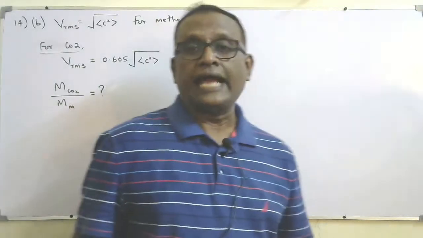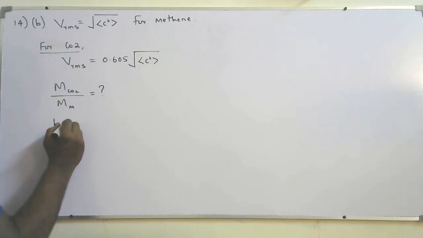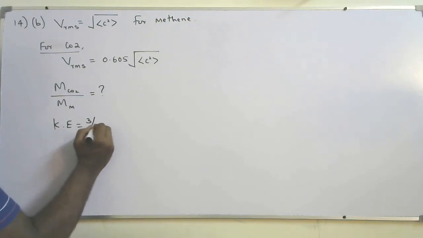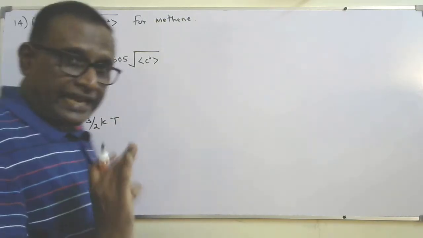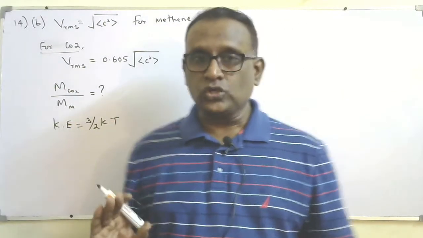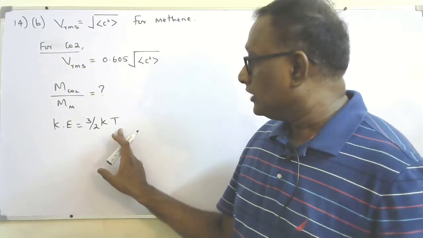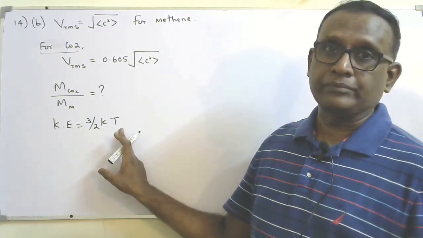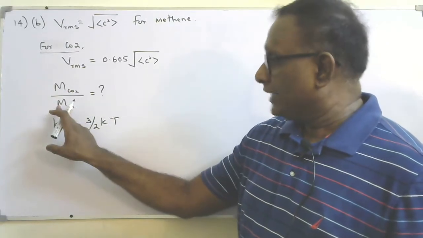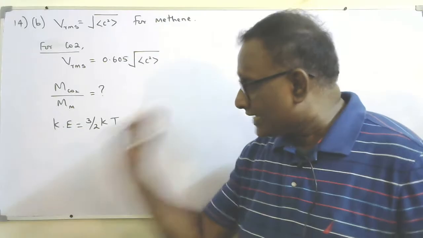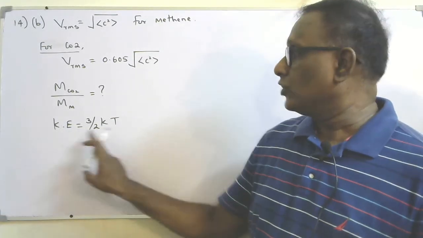Okay, we know that at a particular temperature, the average kinetic energy of a molecule is equal to 3/2 kT. So at the same temperature, for any type of gas molecule, the average kinetic energy will depend only on the absolute temperature. So whether it's carbon dioxide or methane, when they both are at the same temperature, their average kinetic energy of the molecule will be the same.